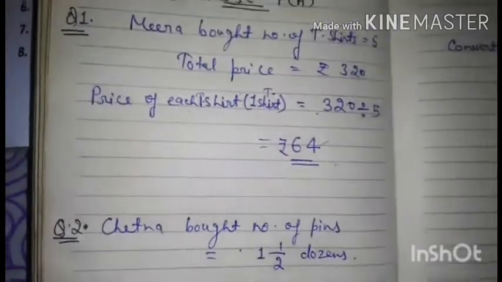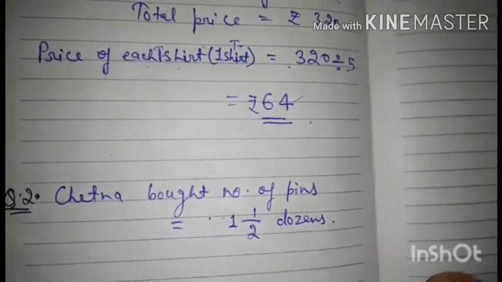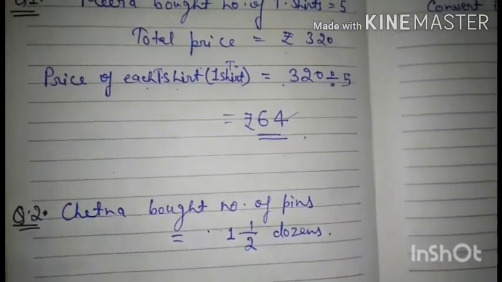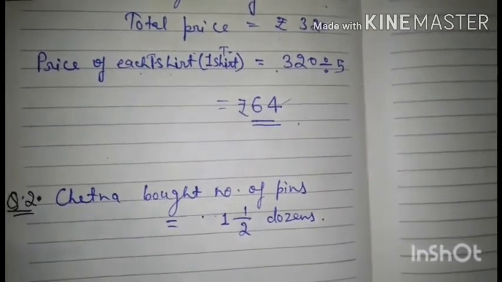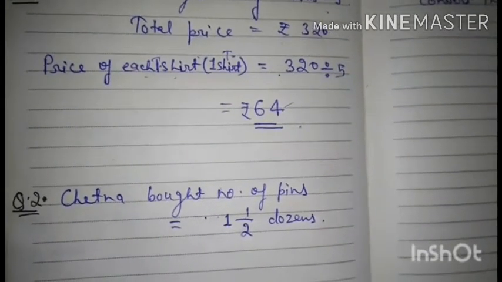Now see the next. Chetna bought 1.5 dozen hairpins for rupees 48. How much did each hairpin cost her?